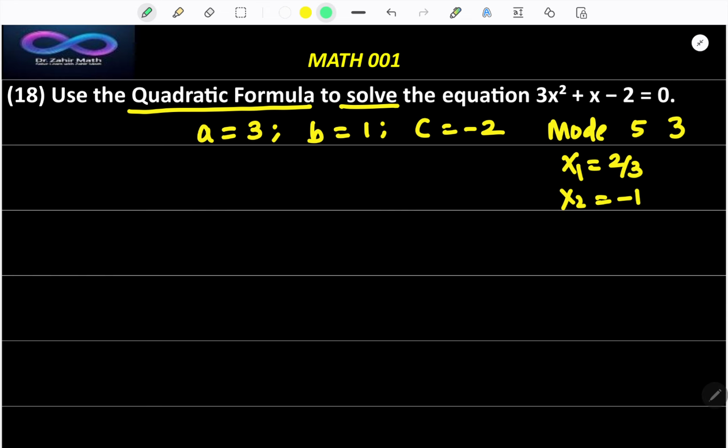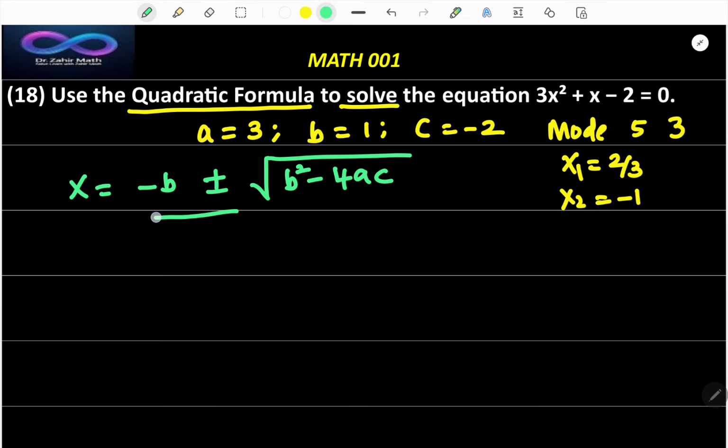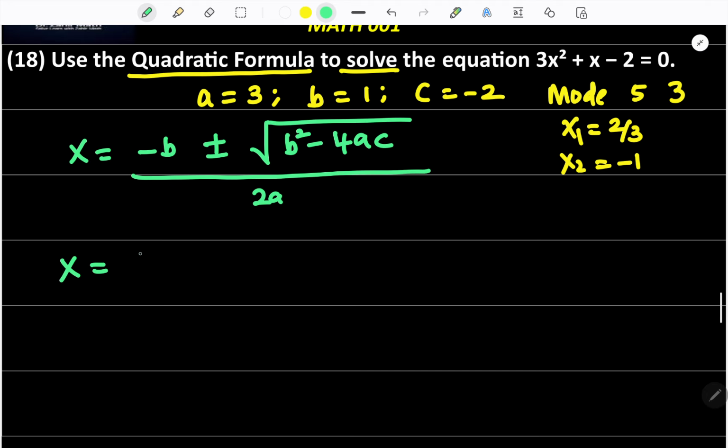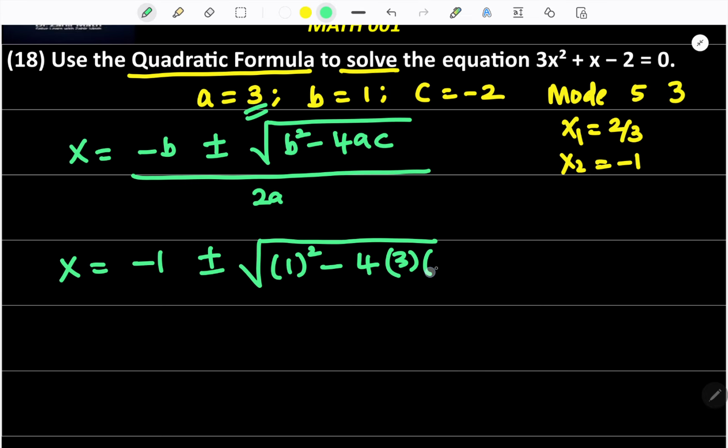So what is the quadratic formula? x equals minus b plus or minus square root of b square minus 4ac over 2a. So x equals minus b, so minus 1 plus or minus square root of b square, 1 square, minus 4. Slowly put it. A is how much? 3 and c is how much?